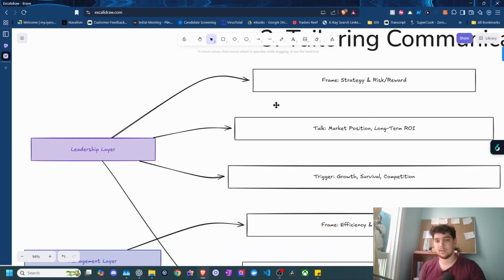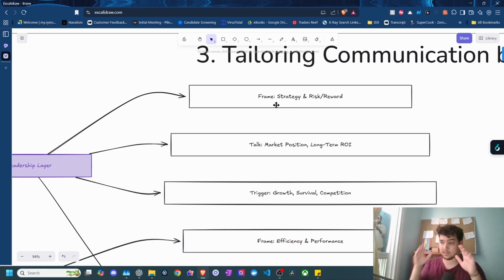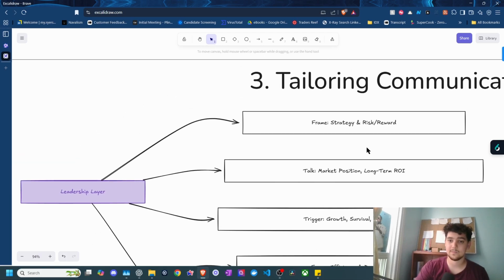So a large part is how we can talk to each layer, and this is contextual and something, again, like I mentioned, I'm no expert, but I'm learning in the process of being able to frame the strategy and squaring the risk to reward ratio.